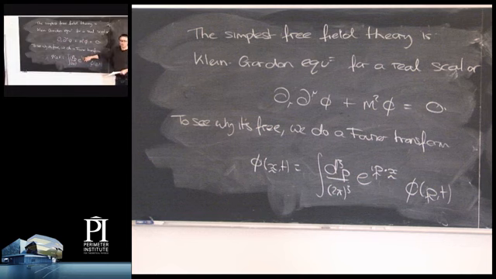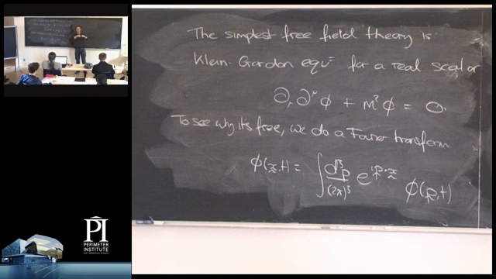Is this defining phi of p? Yeah, if you like. But you see, it's a dummy variable. I could have called it p, I could have called it q, I could have called it anything. Just integrated it. So it's just some decomposition of the field. That's the best way to think about it. Of course, what it's really doing is what a Fourier transform always does.